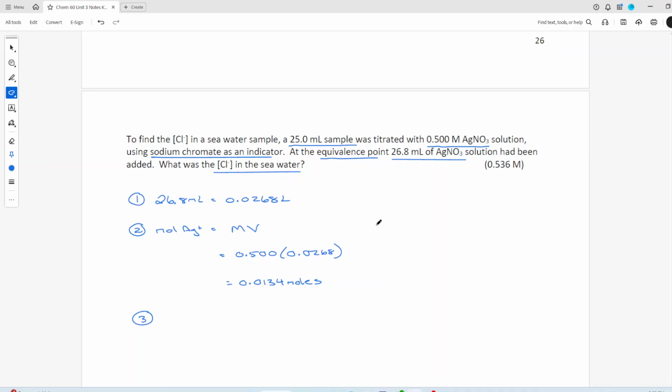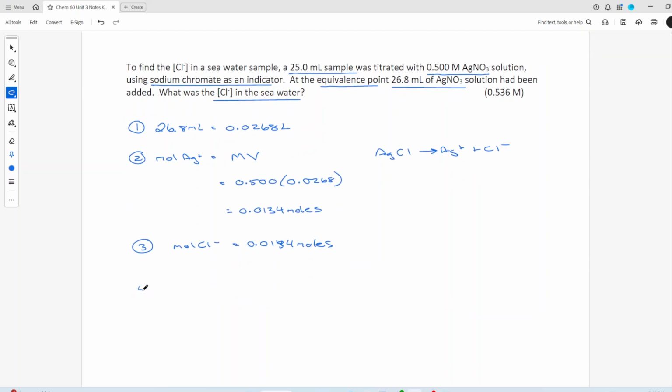Because silver chloride is in a 1-to-1 ratio, I know that the moles of chloride would also be 0.0134.